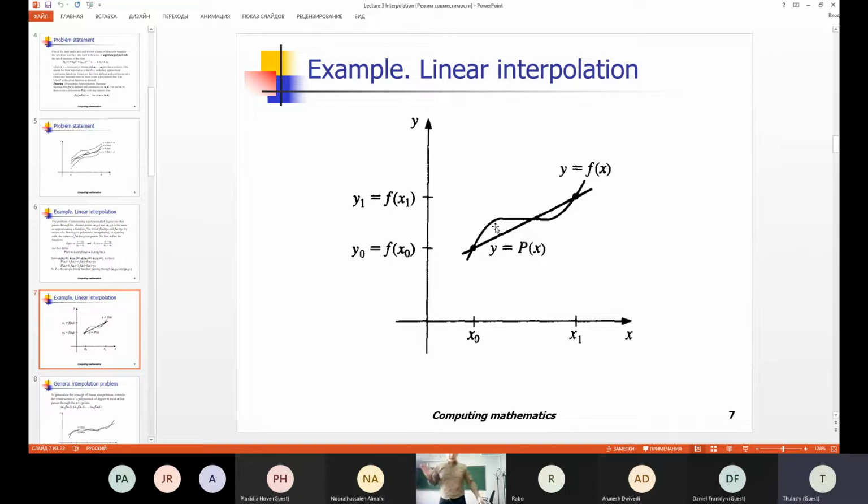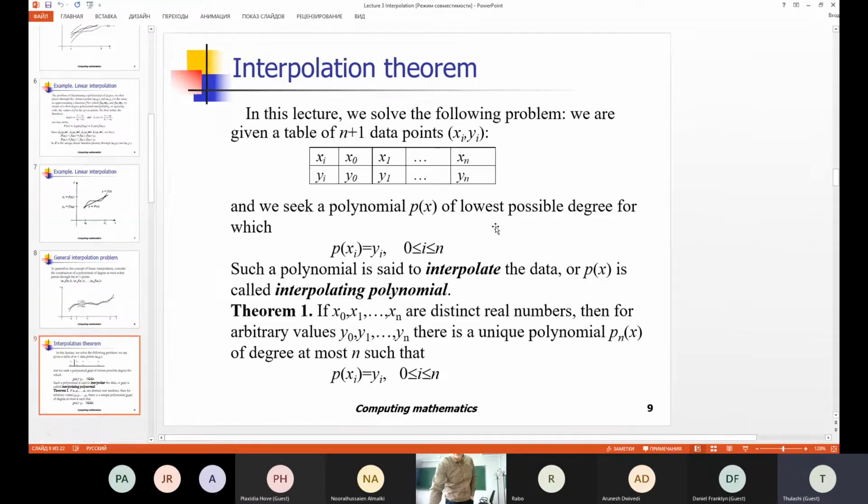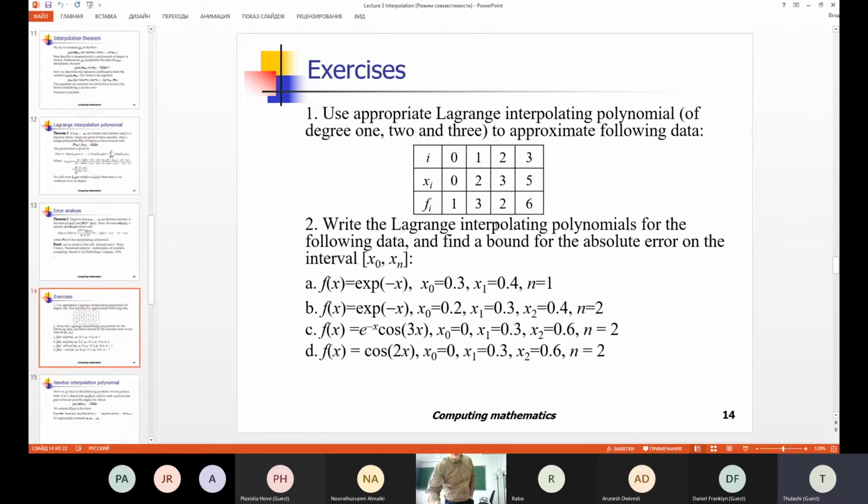Well, to understand it better, I ask you to solve a particular example. Let's look at this table. Suppose that we know two points, xi and function values fi.